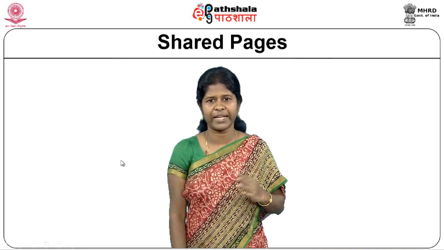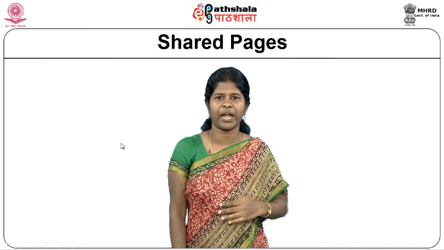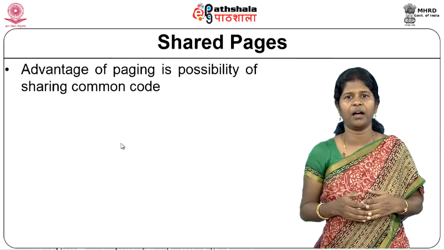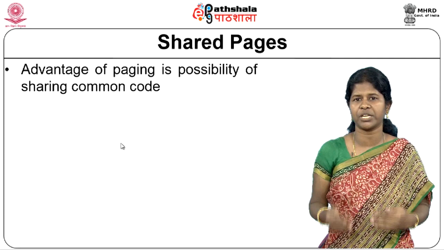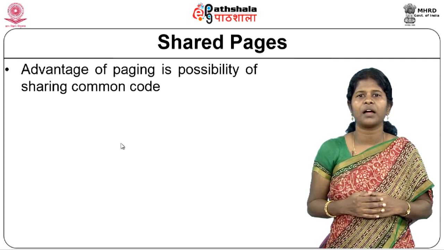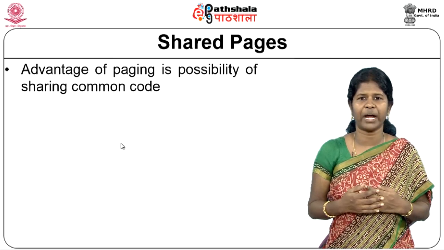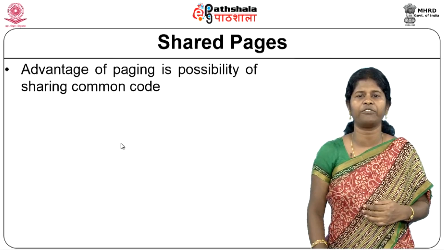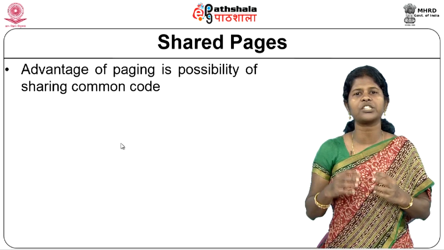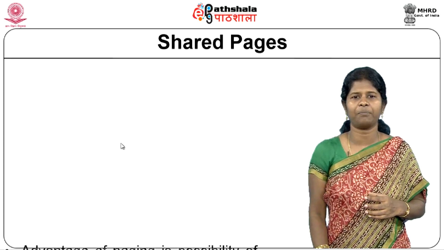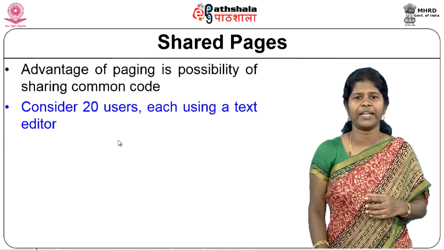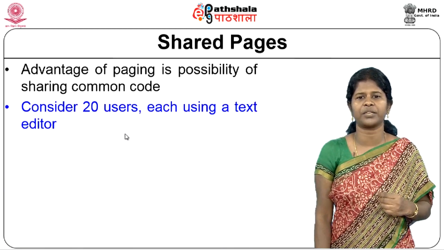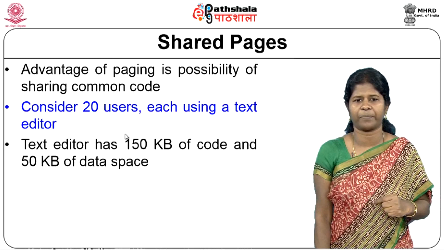Now, we move to the next topic, which is called shared pages. We will see here how pages can be shared. This is one of the advantages of paging, that is, you have a possibility of sharing code which is common. Say for example, you have an editor program, a text editor, and 20 users are using a particular text editor program.